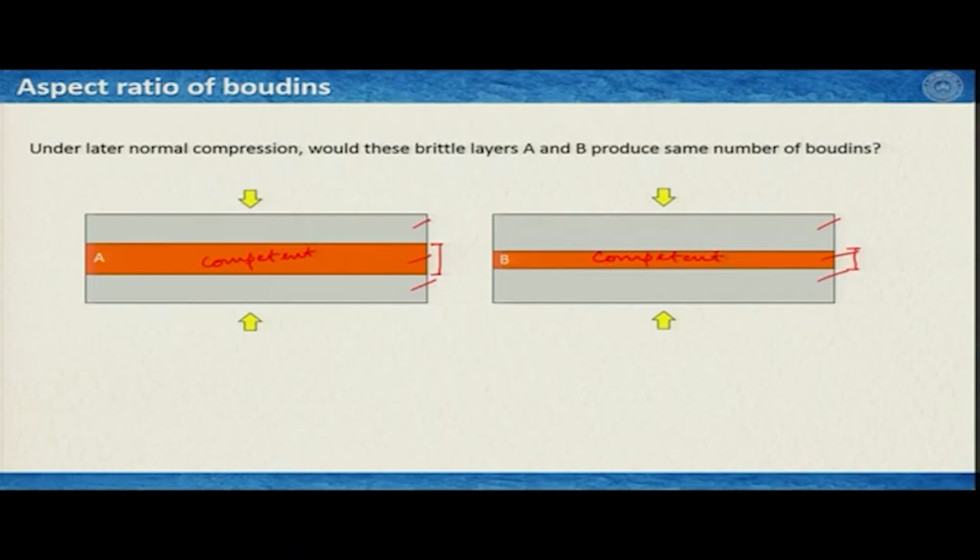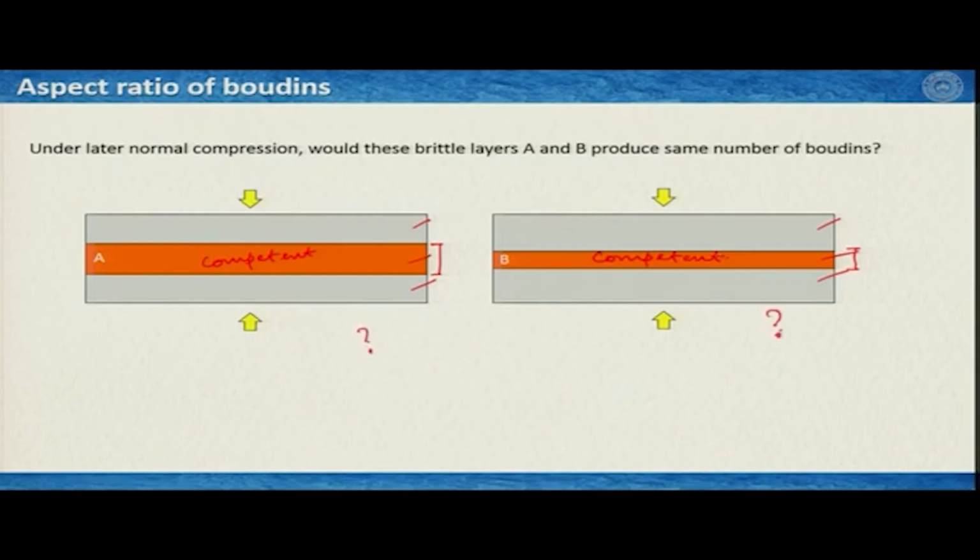Now, if there is a layer normal compression of very similar magnitude, similar deformation rate and so on, then I would like to ask you the question: what is the expectation after a finite time of deformation, when boudinaging is going on, where would I form the maximum number of boudins, in this case or in this case?